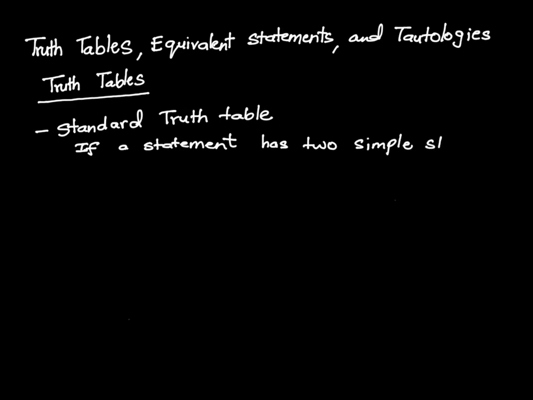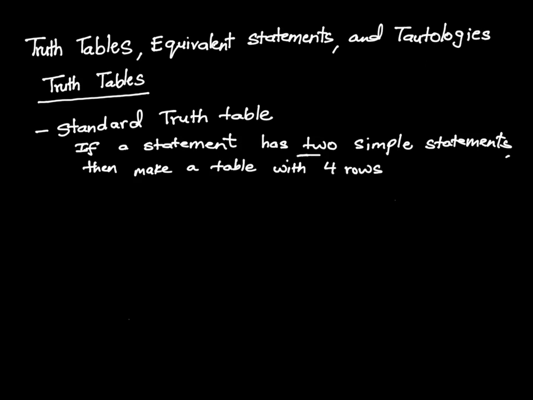So if a compound statement has two simple statements, then we make a table with 4 rows.